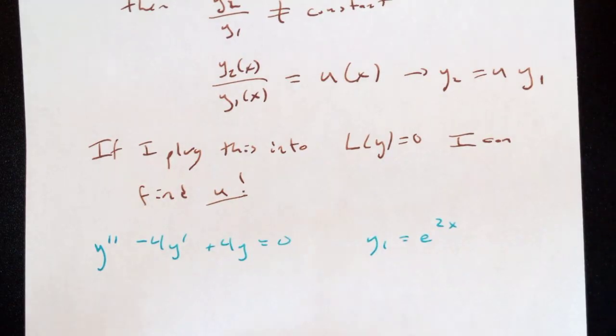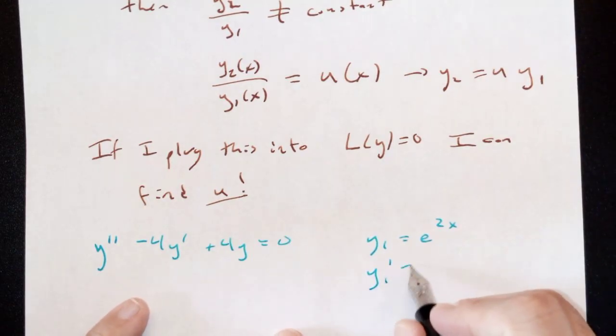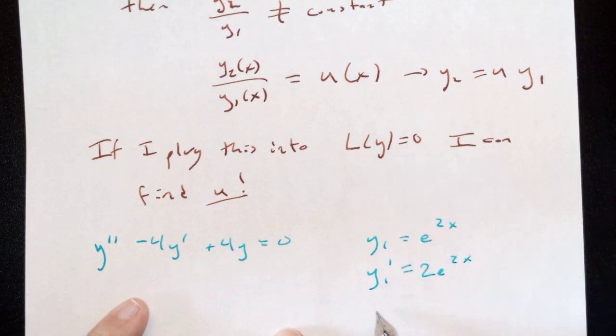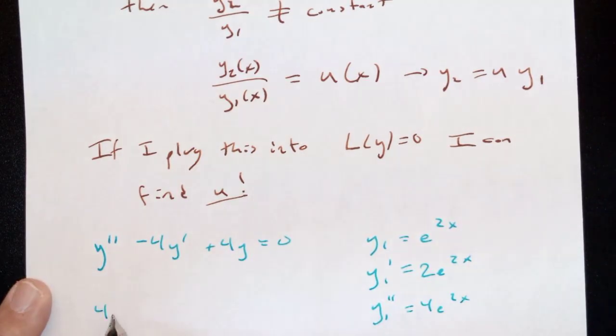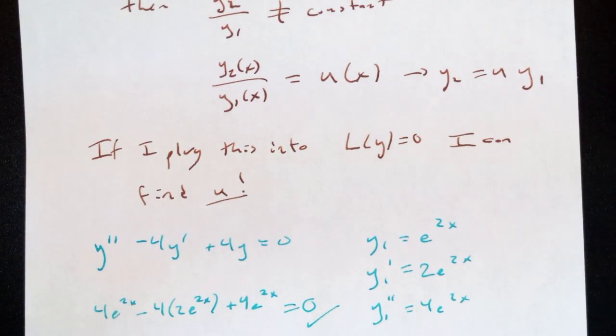First derivative is, second derivative is, and when I plug that in, I have 4e to the 2x minus 4 times 2e to the 2x plus 4e to the 2x. That's plus 4 minus 8. That is 0. Great.